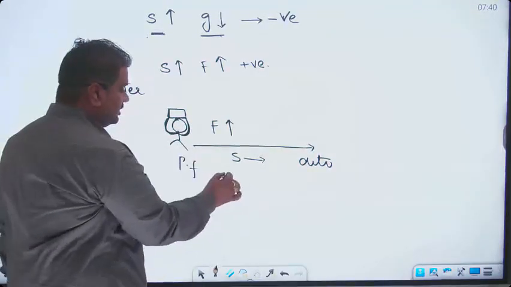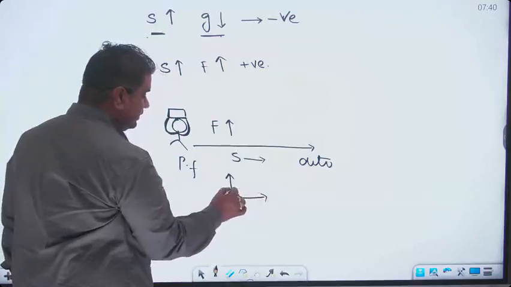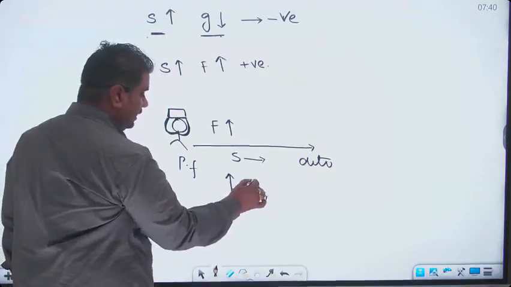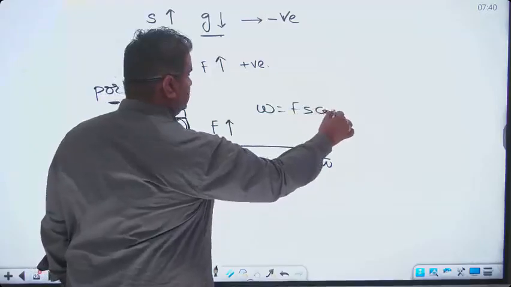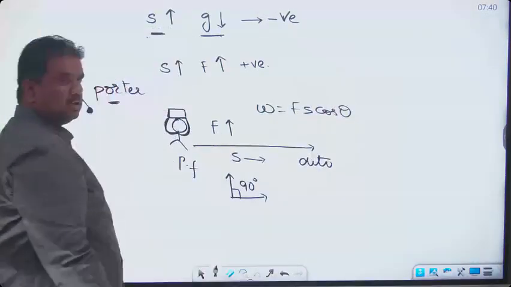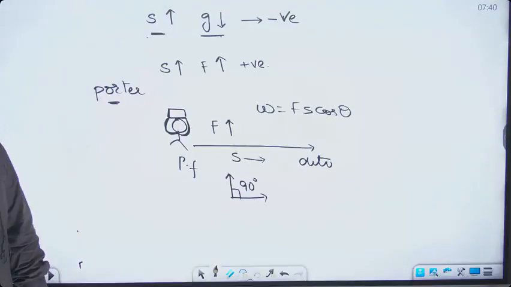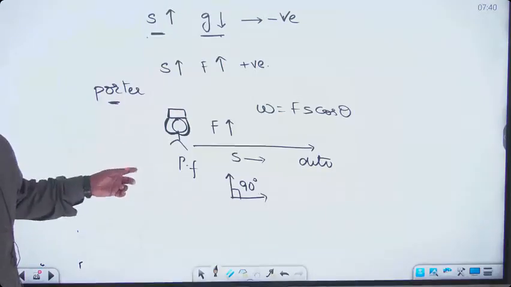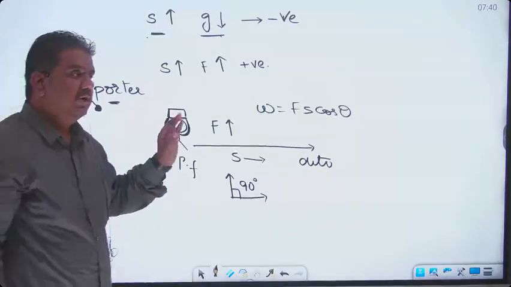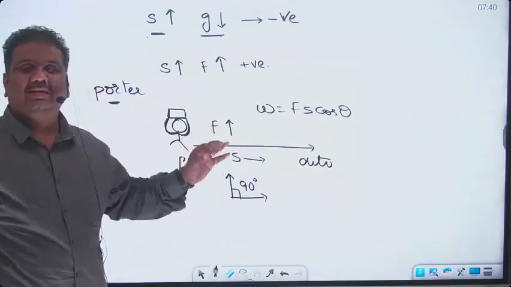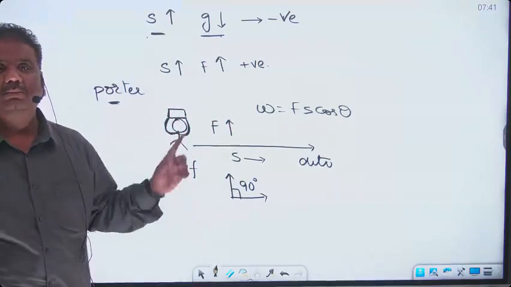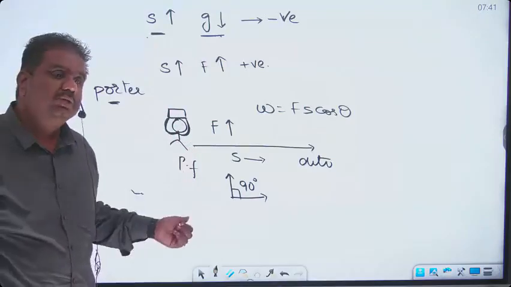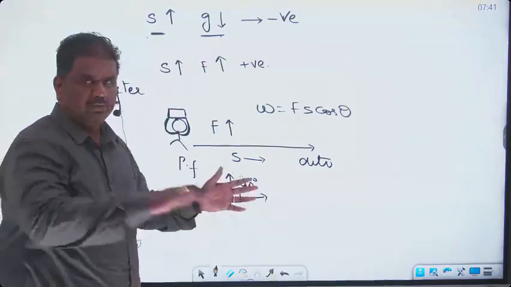So force is in the upward direction, displacement is like this. What is the angle here? 90 degrees. What is the formula for work? W equal to Fs cos theta. So what is cos 90? 0. Then work done equal to 0. So the question is, a railway porter while carrying luggage on his head, what is the work done by him? Always equal to 0.